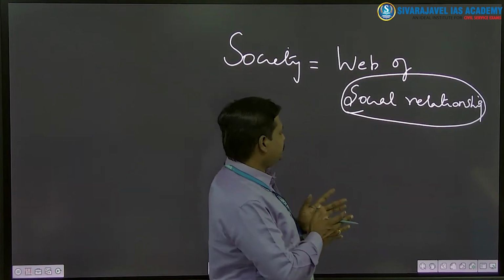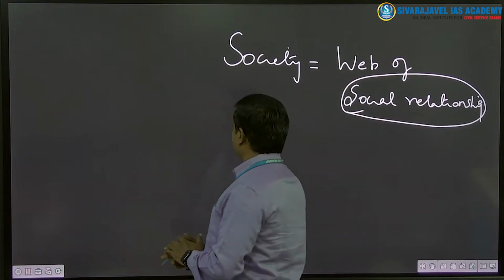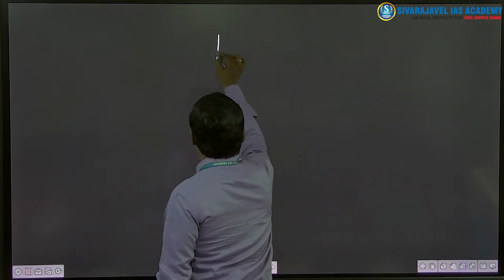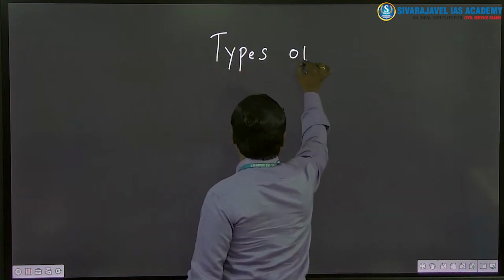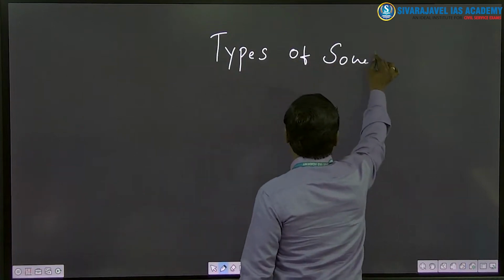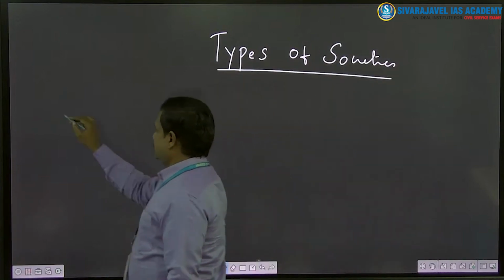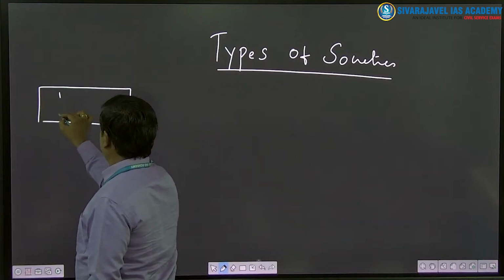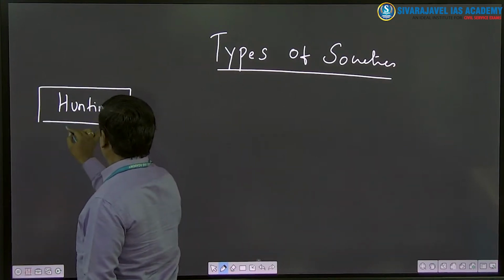Now there are many types of societies. Generally speaking, the first type of society can be called hunting and gathering societies. It is believed that we started with the hunting and gathering society.